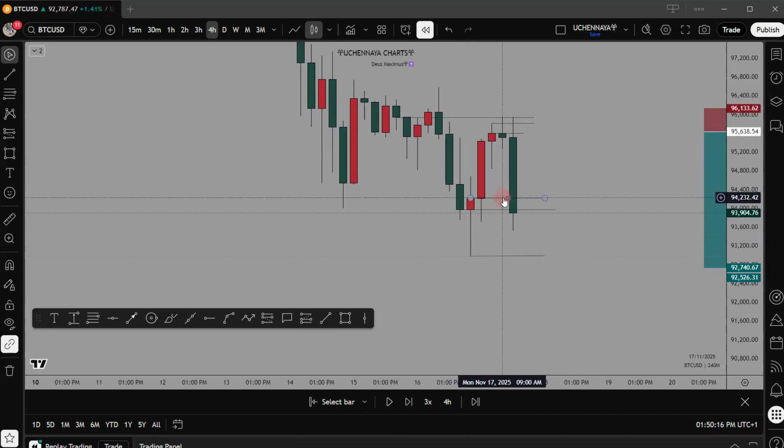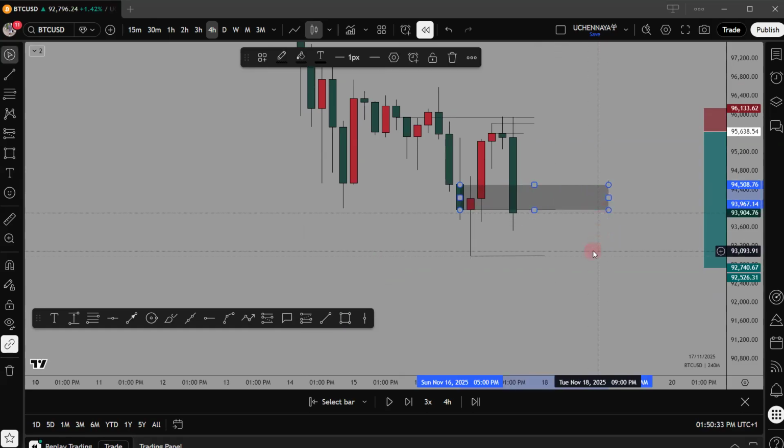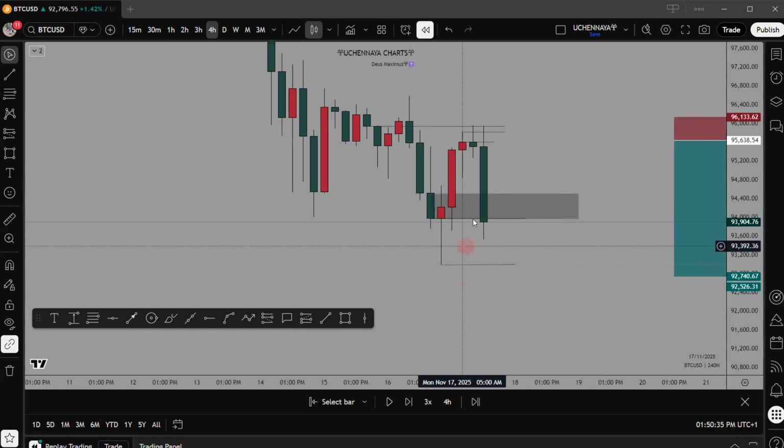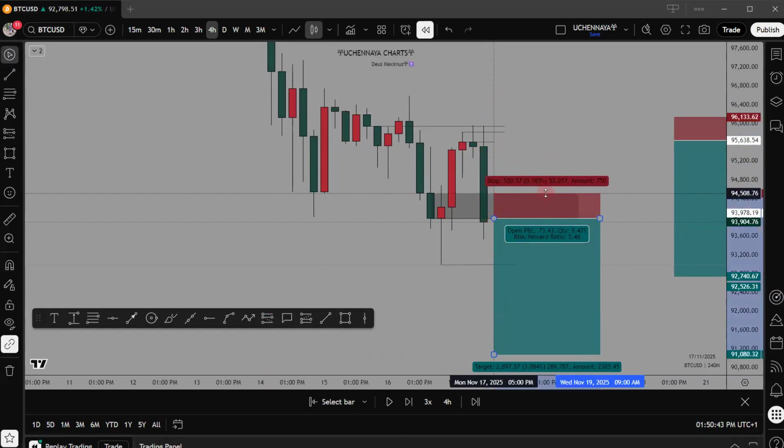Let's say you are using an SMC order block and you only use the candle body as your order block. This is what I use personally. If I'm taking this entry from here, this shall be my stop loss.